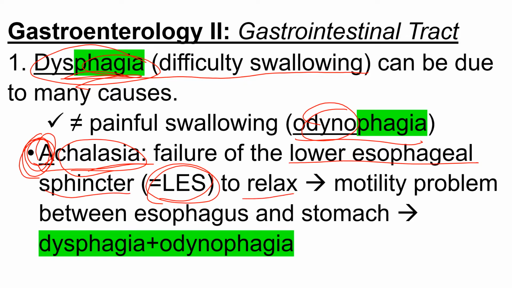It cannot relax. And if it cannot relax, you have a motility problem. Food cannot go from the esophagus to the stomach. Therefore, you may have both dysphagia, i.e. difficulty swallowing, and odynophagia, i.e. painful swallowing.